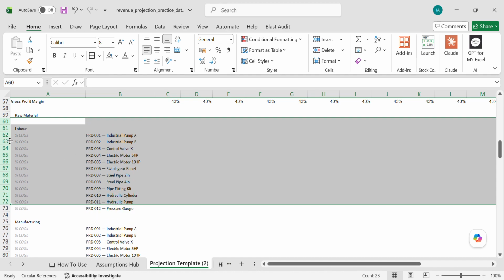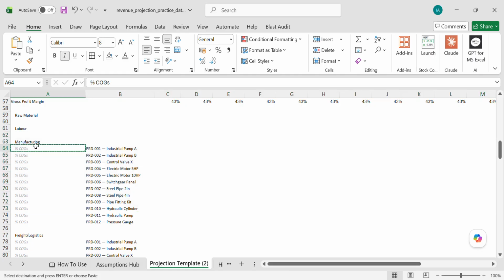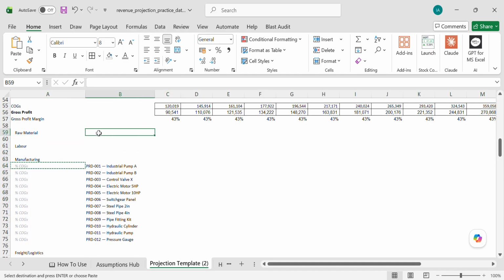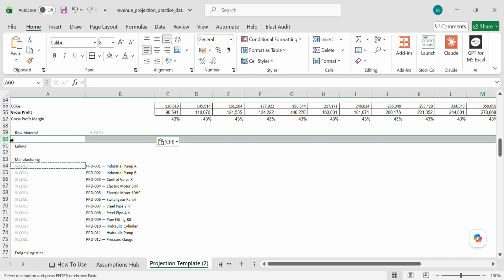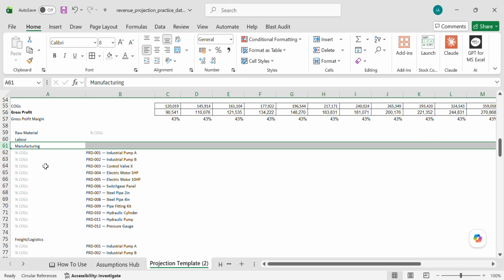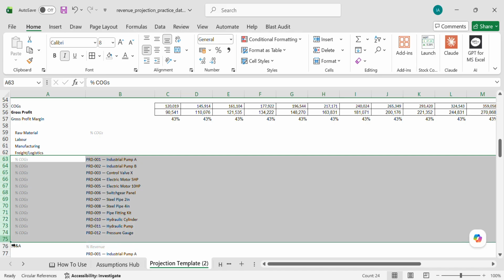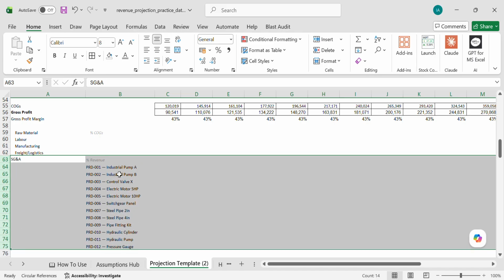Okay, let's put it like this. Percentage of costs. Let's still maintain that level. That's not too cumbersome for us, right?